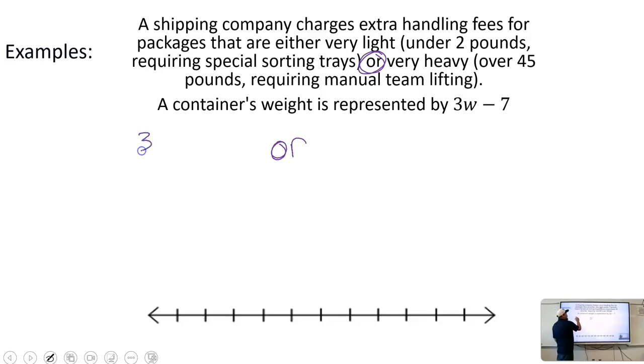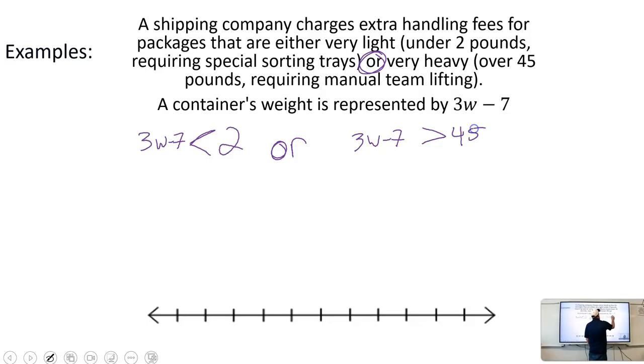We're going to take the 3W minus 7, because that is my expression. And it's got to be under 2 pounds. So, less than 2. It doesn't say less than or equal to. It has to be under 2. That's why we can't put the equal sign. Or 3W minus 7 has to be greater than 45 pounds. Okay, so it's an extra handling fee if it's below 2 pounds or above 45 pounds.